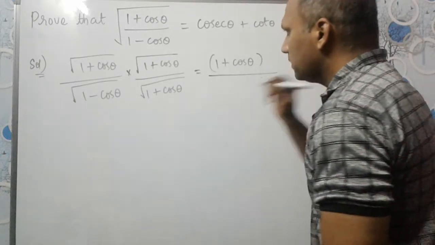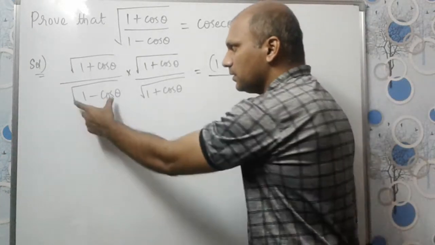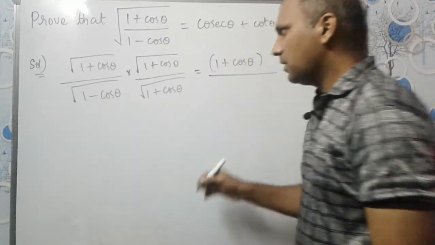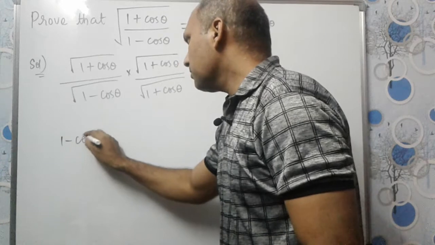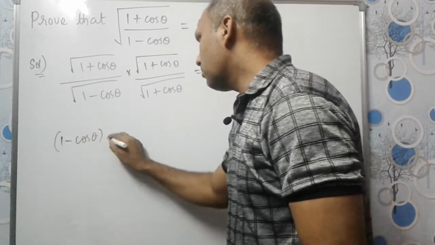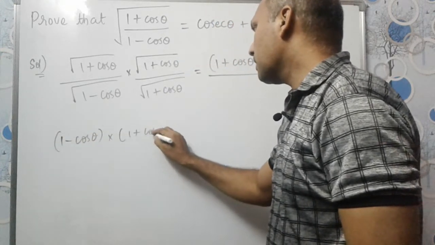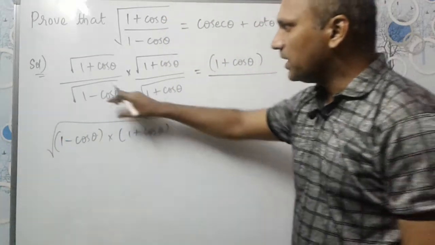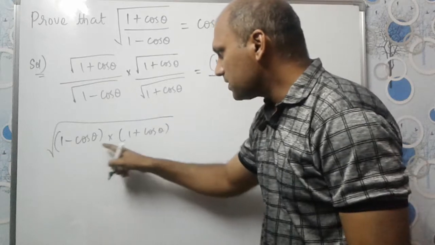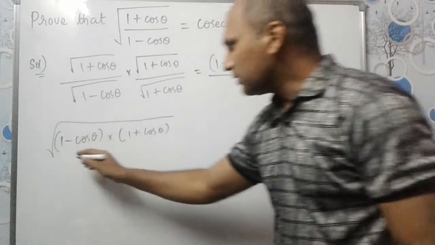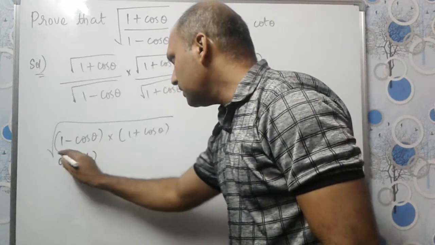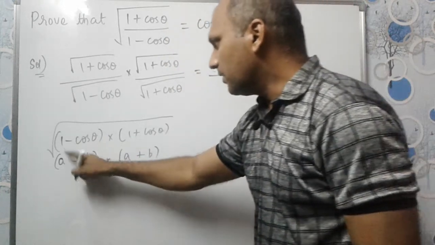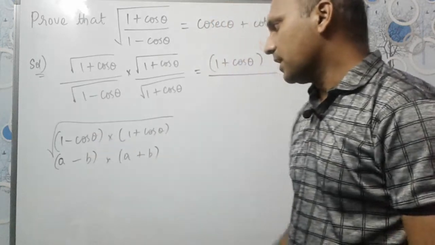What about the denominator? This is root 1 minus cos times root 1 plus cos. So 1 minus cos multiplied by 1 plus cos is under one root; we can multiply roots like this. This is like (a minus b) multiplied by (a plus b), where a is 1 and b is cos theta.